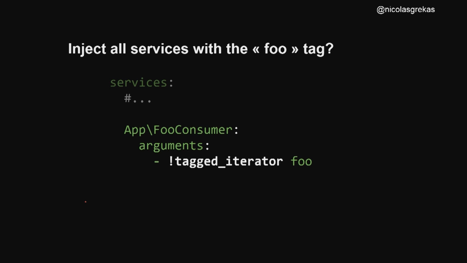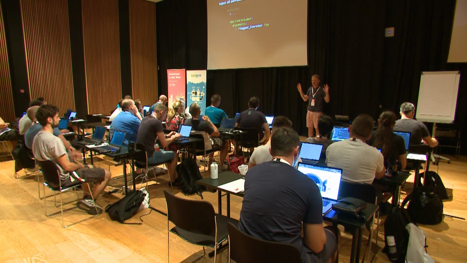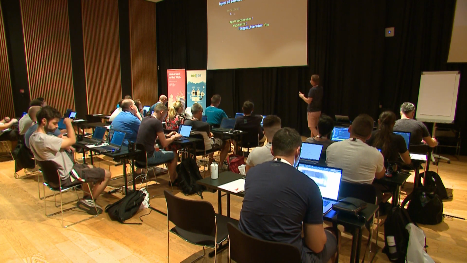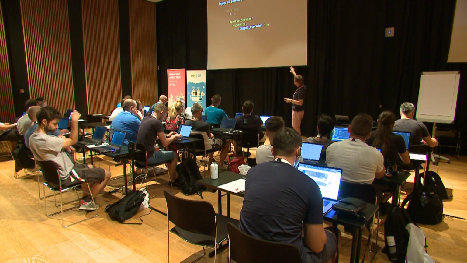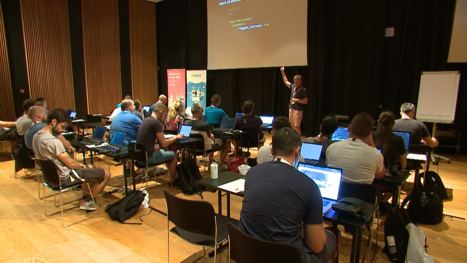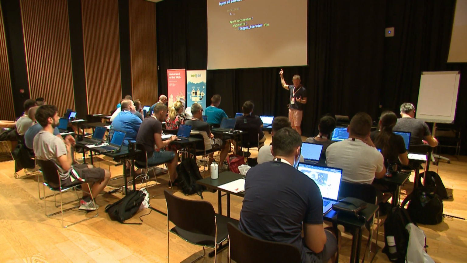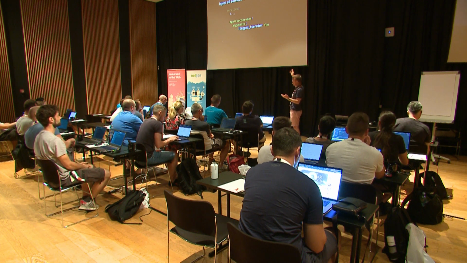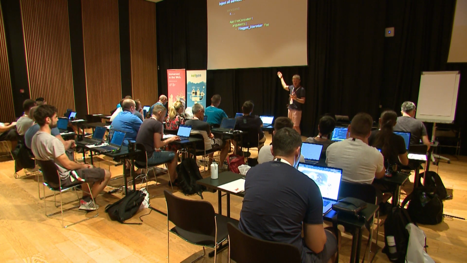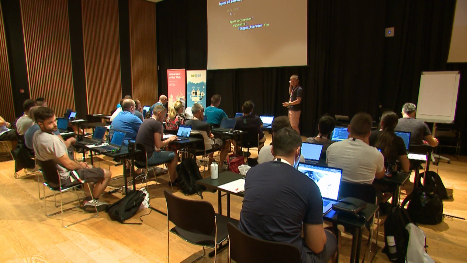There are several like exclamation mark after, we call that a YAML tag. It's not the same. It's a YAML thing. So this syntax says the first argument of the foo consumer class should be a list of services, an iterator of services, who have the foo tag, right?